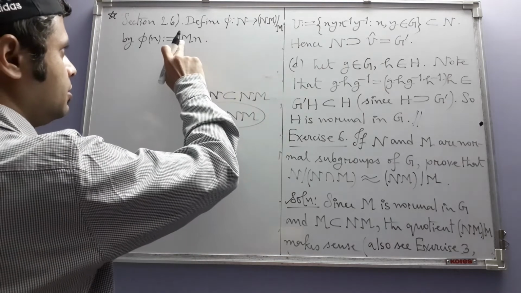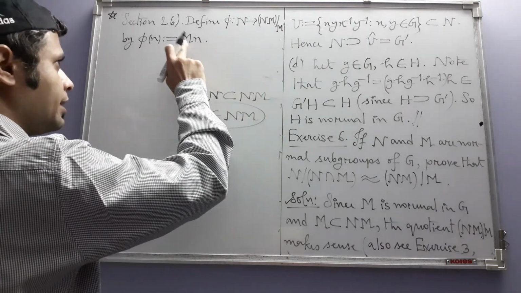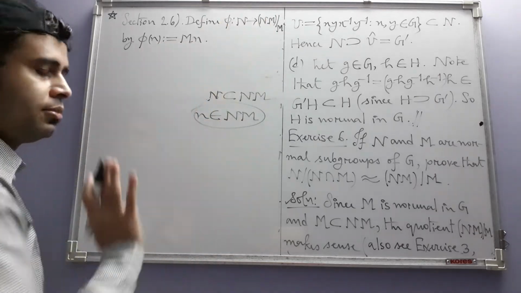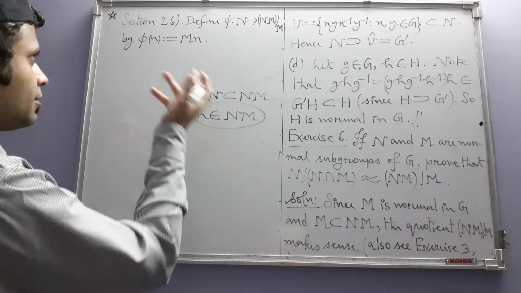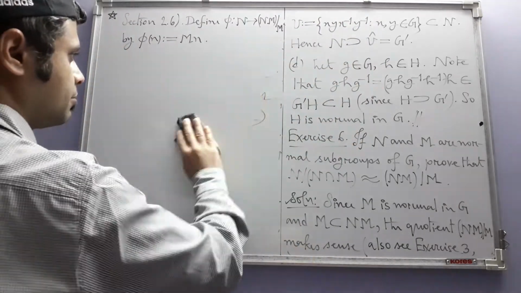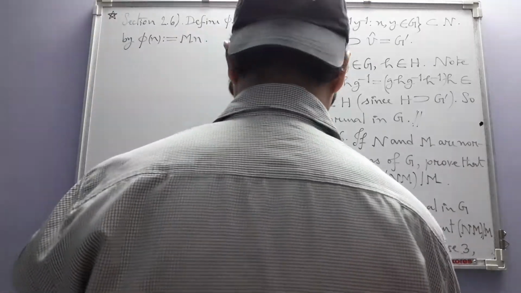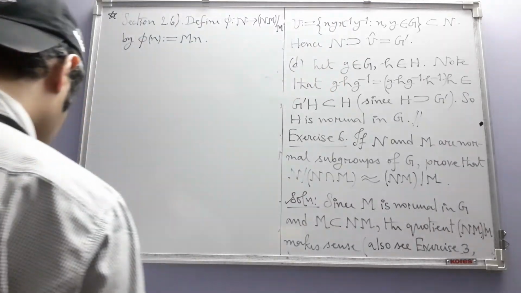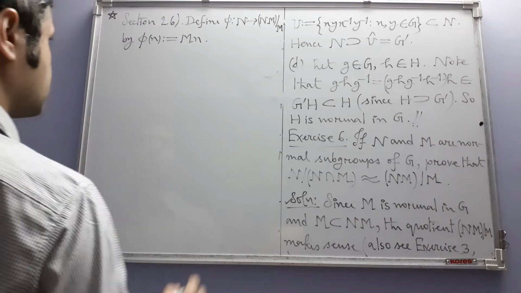So that's why this is actually a right coset of M in NM, because this n is coming from NM, and the function is well defined.